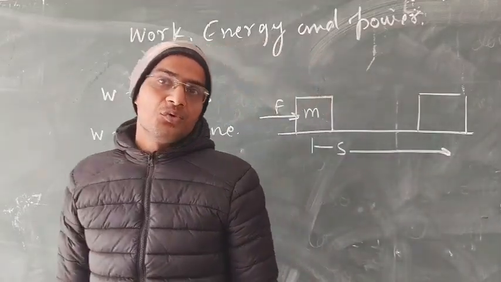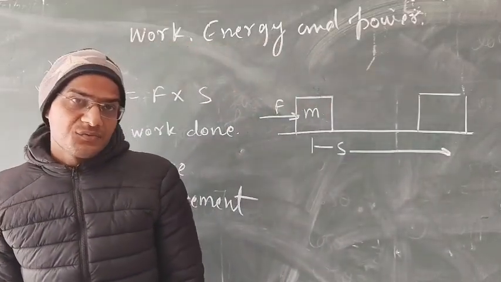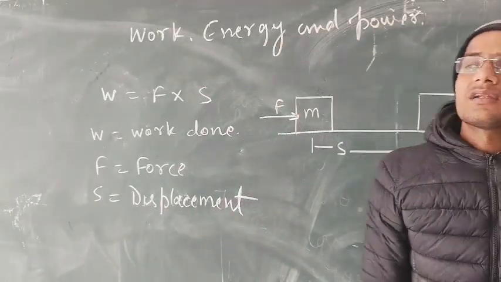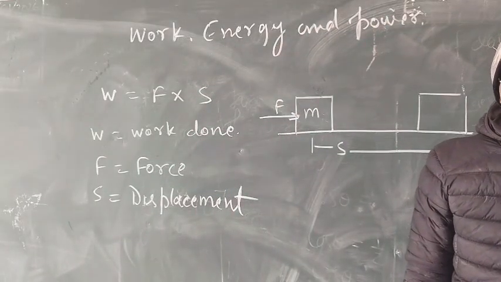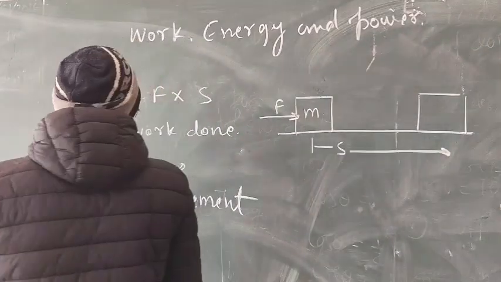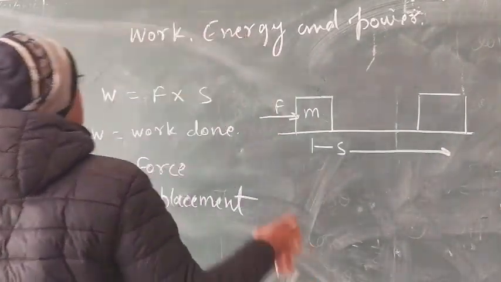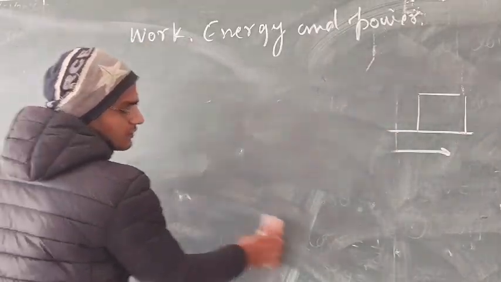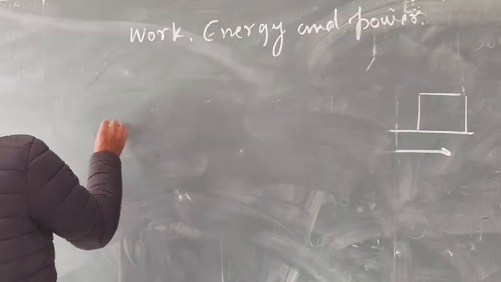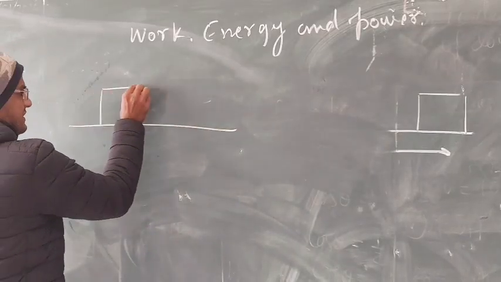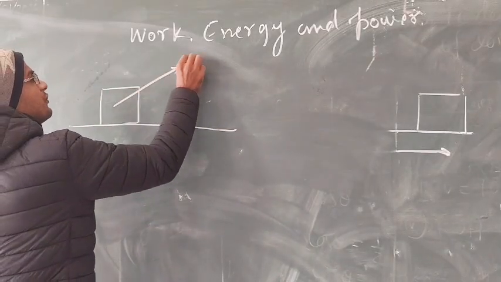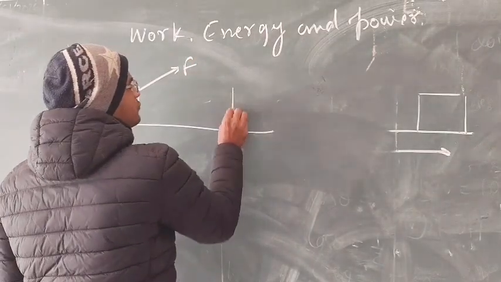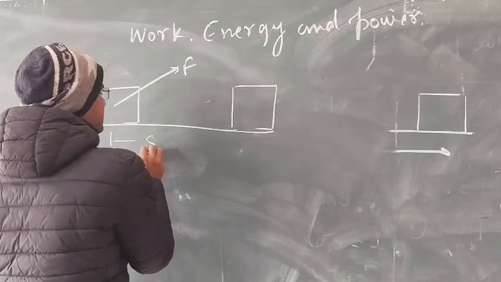If that force displaces the object in the direction of the force, then the work done will be positive. Let us consider a situation where an object is placed and we apply force F in this particular direction and the object displaces through the displacement S.